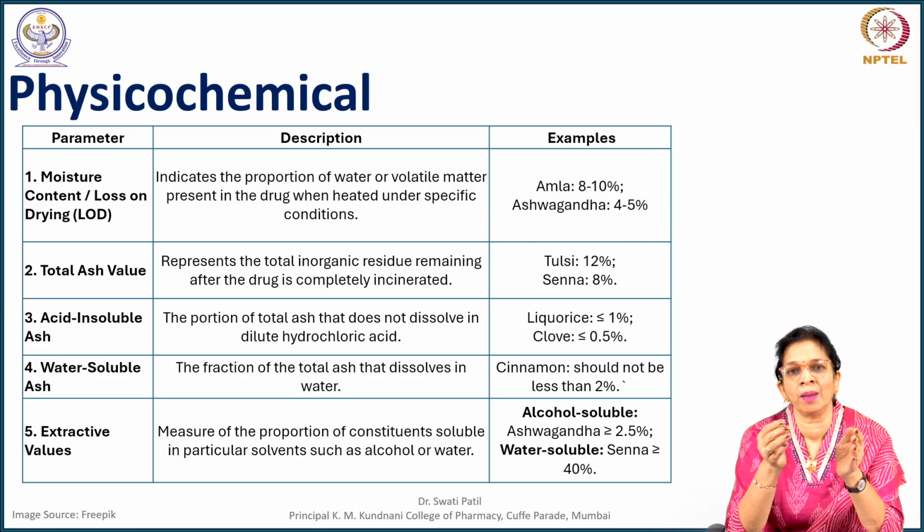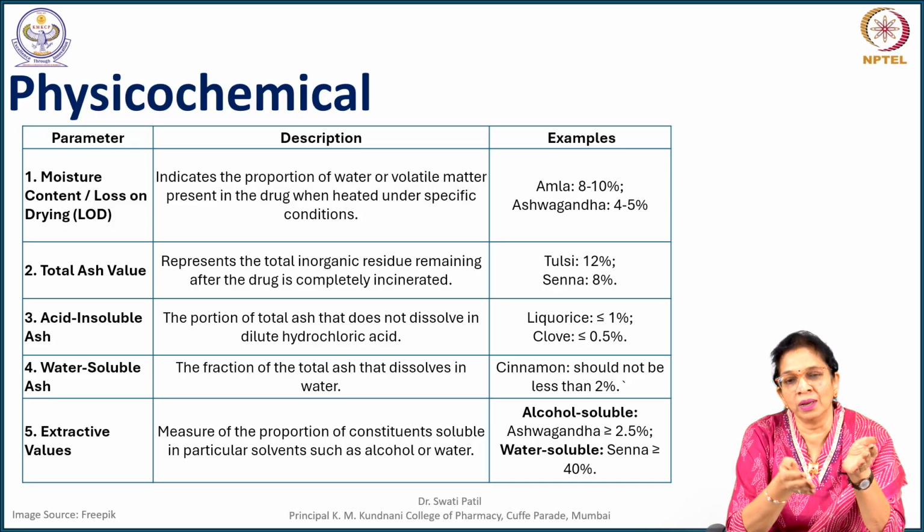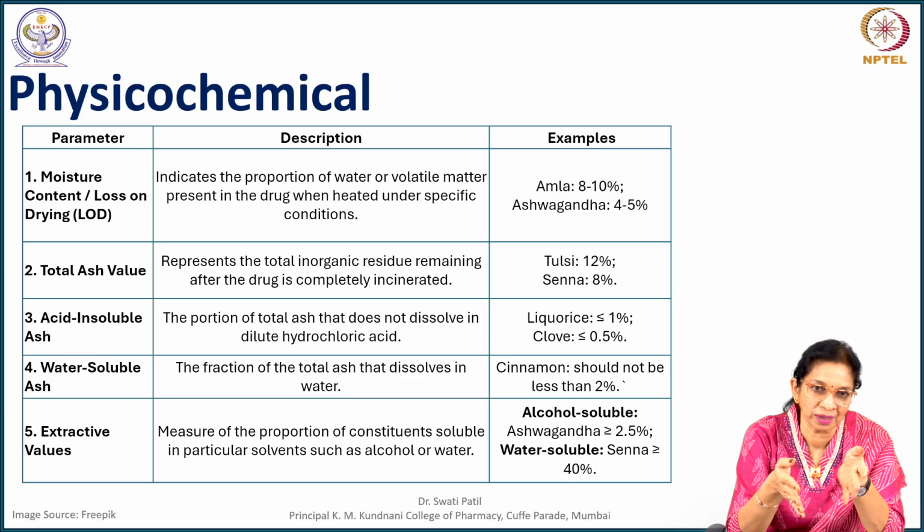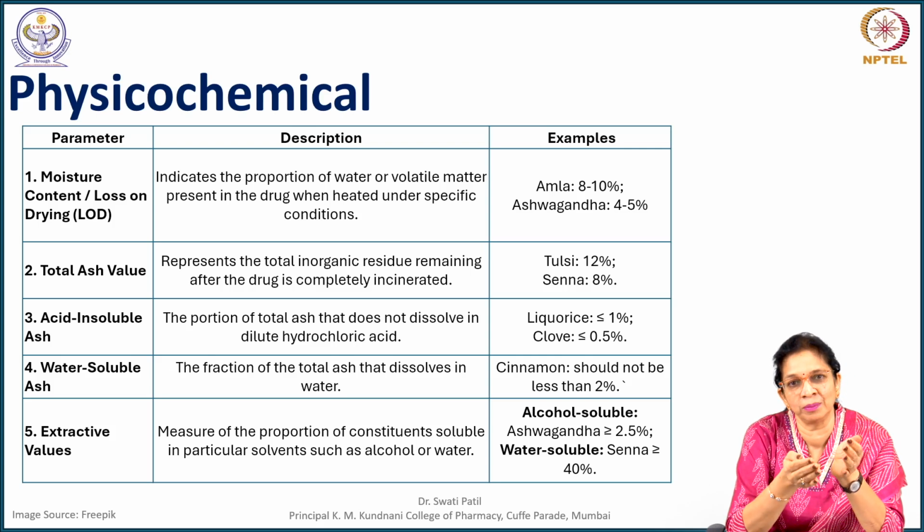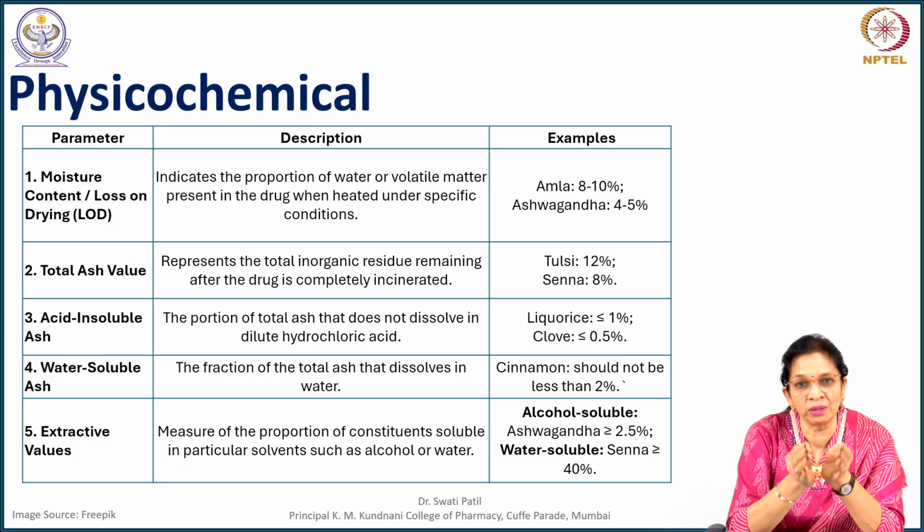Sometimes when we collect the rhizomes from beneath the ground, suppose you see ginger during the rainy season, look at sweet potato now which is there in the market. It comes with a lot of earth when these are collected. I am giving a simple example so you can correlate. This comes with a lot of adhering mud or earth to it.